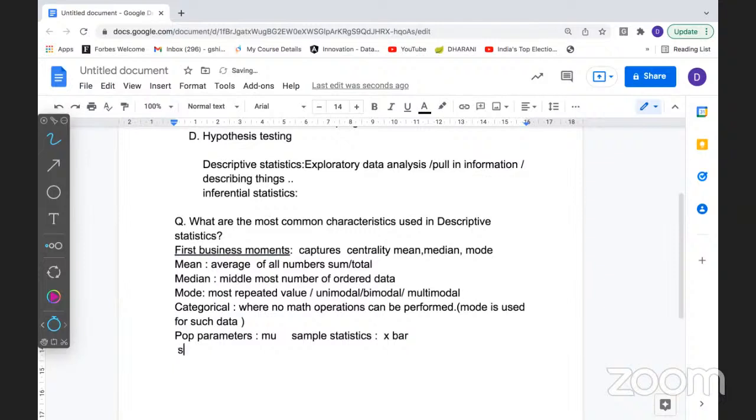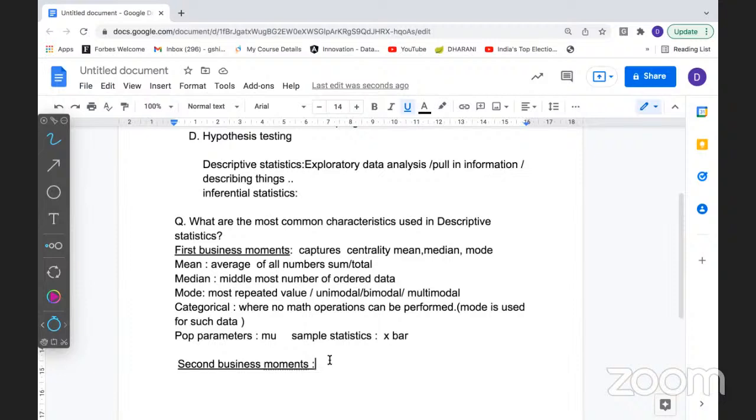Okay. Now moving forward, whatever you got in the first business moment, we use it in our second. For getting the second business moment decision, we use that mu.